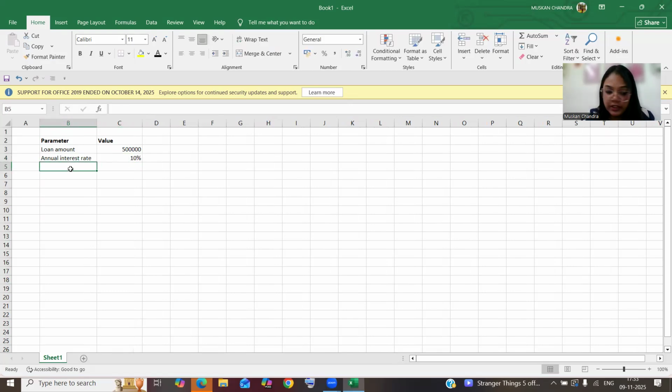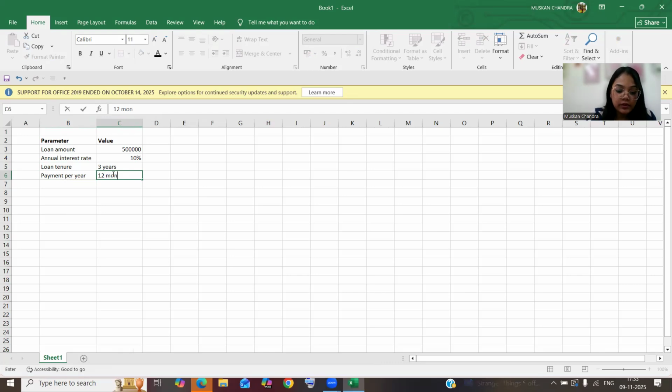Moving on to the third one, the loan tenure, which will be approximately 3 years. Then we'll have payment per year, which is 12 months, which is 12 monthly payments.